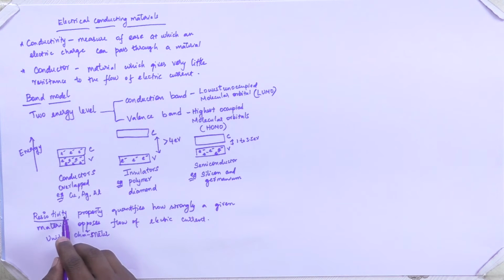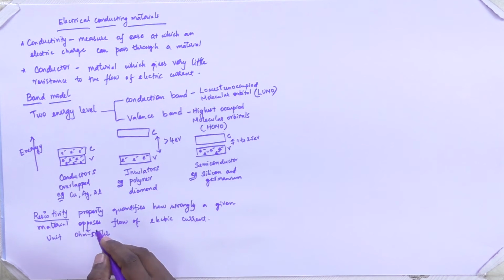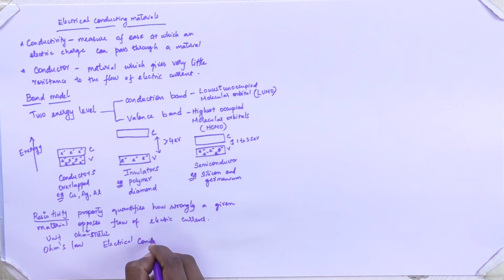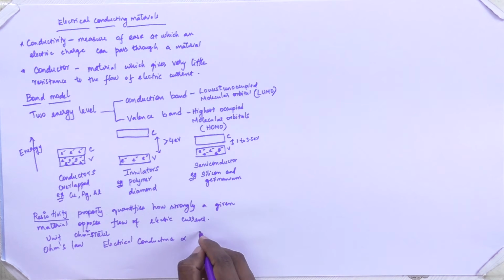And obviously you should know Ohm's law, which tells the relation between electrical conductance and the resistance, which is inversely related, and the unit of electrical conductance is Siemens per meter.